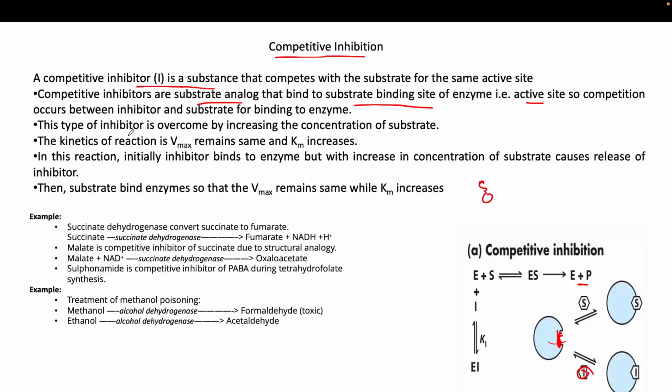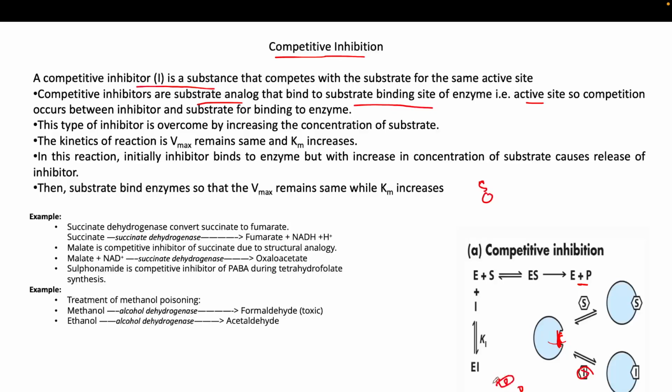And this type of inhibition can be overcome by increasing the concentration of substrate. Increasing the concentration of substrate means, suppose there is more substrate and less inhibitor, then the probability of binding to this site will be higher for the substrate only, because its concentration is high, right?